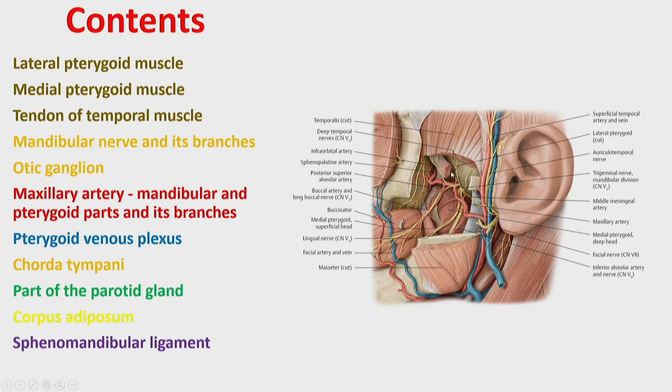Then to understand the content of the infratemporal fossa, it is enough to think again. We said that in the roof, which is the infratemporal surface of the greater wing of the sphenoid bone, two openings are open. What are they? Ovale and spinosum. Through the foramen ovale, now you know what structure passes? The mandibular nerve.